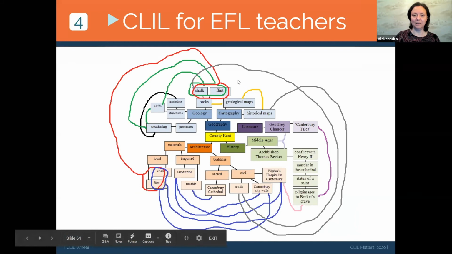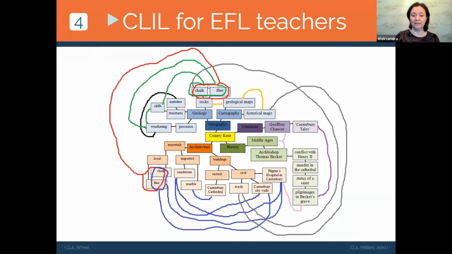For example, here, this red circle, chalk and flint, are two types of rocks on the south, chalk cliffs, beautiful. But chalk and flint are building materials, so architecture.